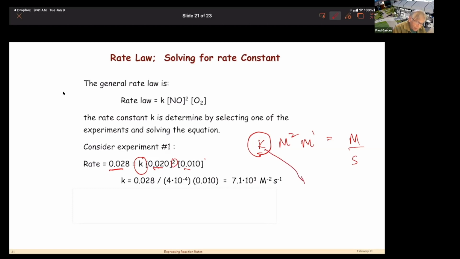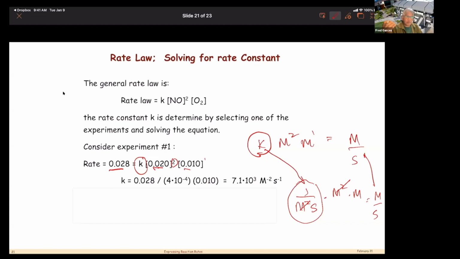The only way we can get molarity per second in this unit analysis is if K had the unit 1 over molarity squared seconds. By K having that unit, we get molarity per second, which is the unit that we want for rate.